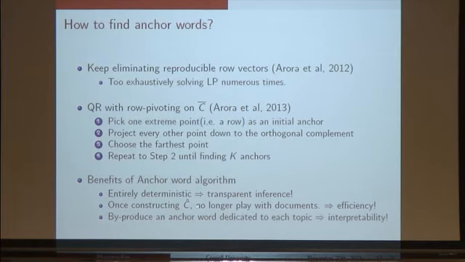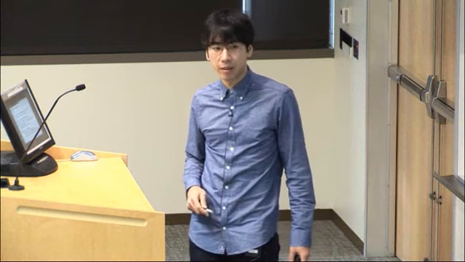Once we construct this noisy co-occurrence matrix based on the real data, we no longer play with the documents at all. These are the only statistics that we need for the inference. And then we produce an anchor word exclusively dedicated to each topic, which might bring some interpretability.